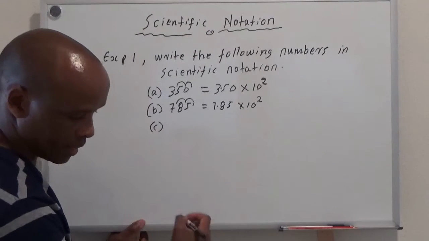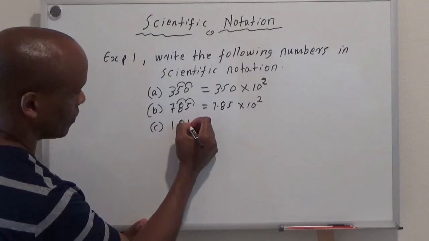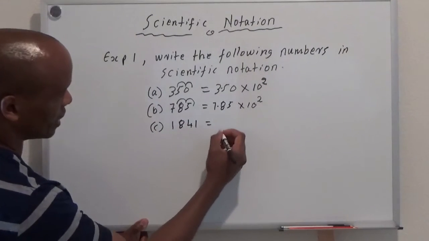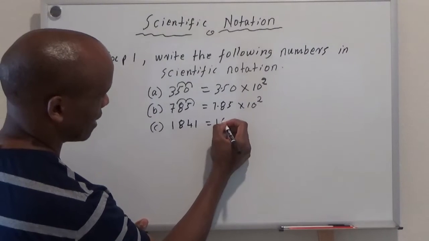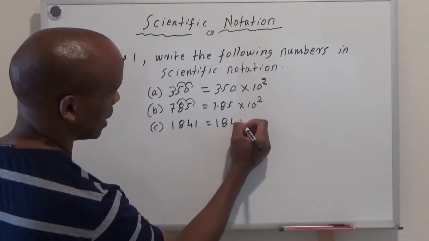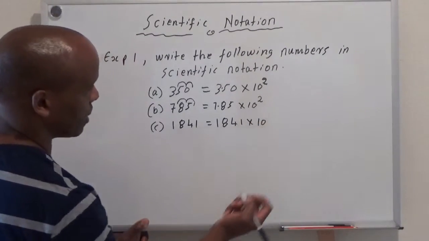So C. I can give you another number like 1841. I write the number just the way it is, 1841 times 10 to a power which I don't know.